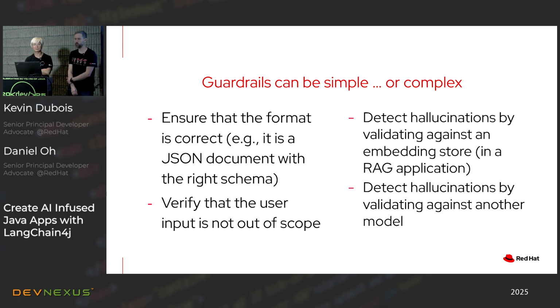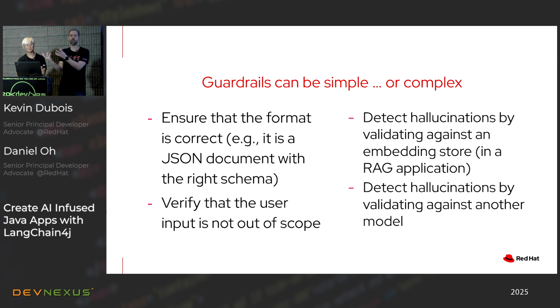Another way you can use guardrails is, for example, if you wanted to return JSON, you can add a guardrail to check the response from the model to make sure that the response is in fact in JSON format, right? Quite a few times when you ask the model to return YAML or JSON, it'll start with, okay, no problem, here's the JSON, and then you have the rest of the code.